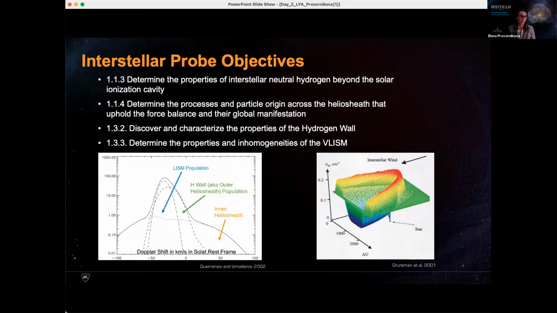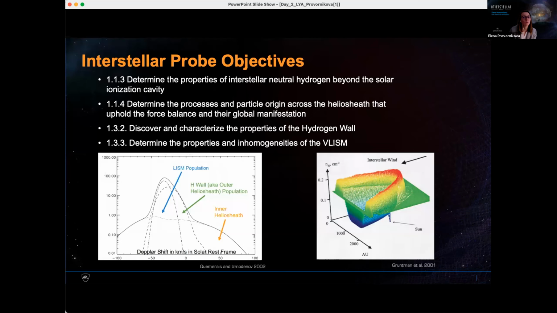Also, discover and characterize the properties of the hydrogen wall, which is shown here on the right, and also determine the properties and inhomogeneities in the very local interstellar medium once we are beyond the heliopause. So these are all compelling science objectives.